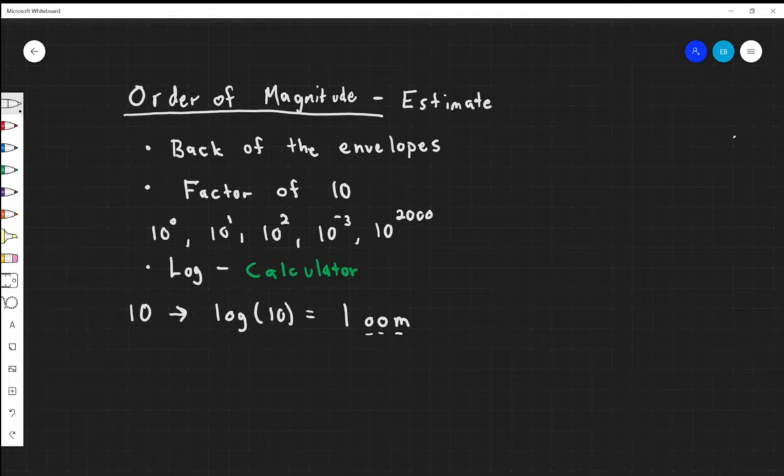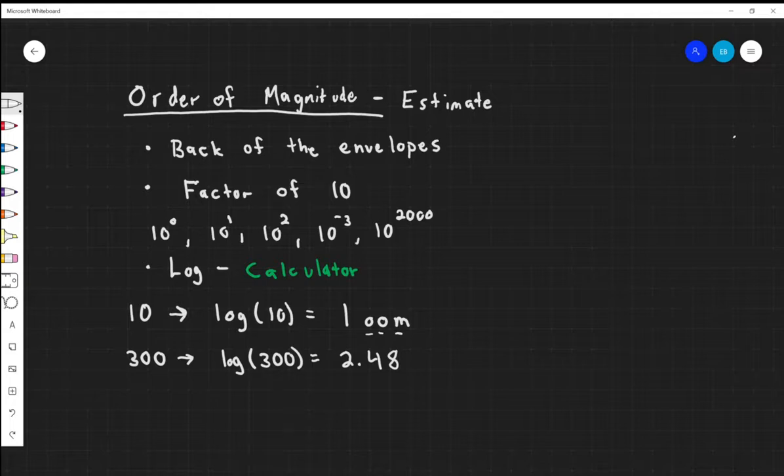So what if I want another order of magnitude? I want the order of magnitude of the number 300. I can figure this out by typing log of 300 into my calculator. And when I do this, I'm going to get 2.48. So I'm writing down this number.